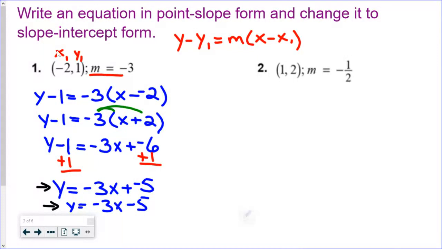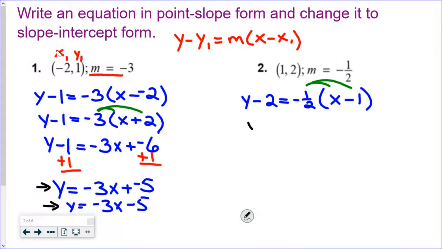This time I'm not writing my x sub 1, y sub 1. So y minus my y value, my slope is negative 1/2, x minus my x. Now, do I have any minus negatives? Nope. So I'm going to distribute. Always start by distributing.